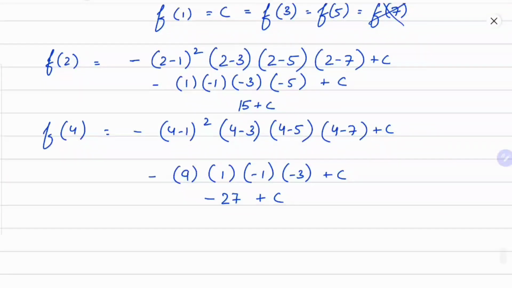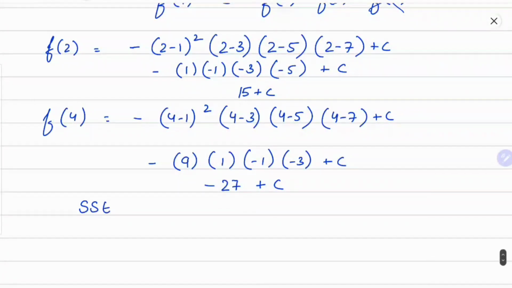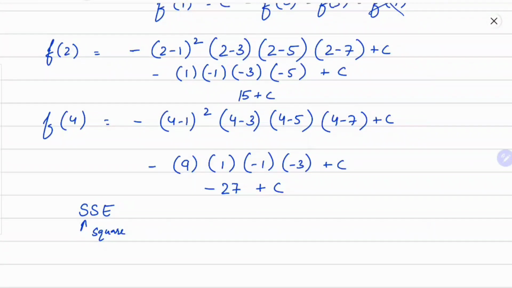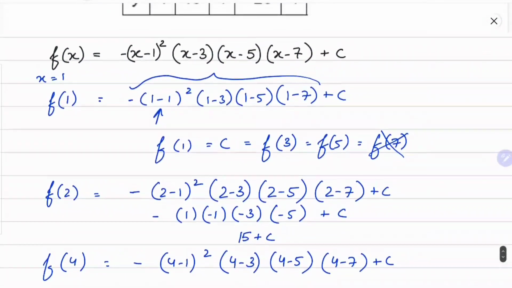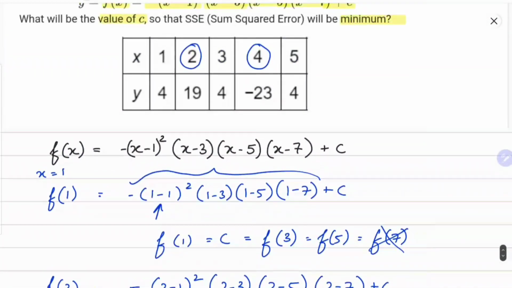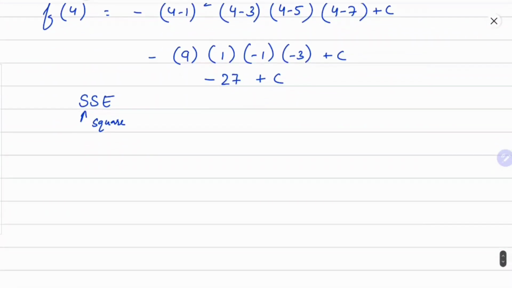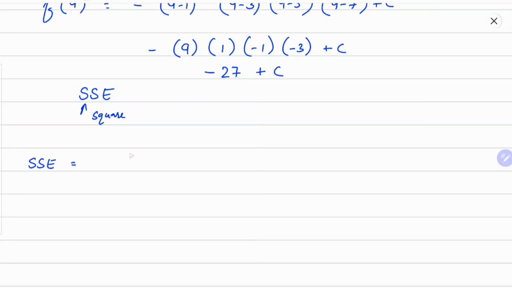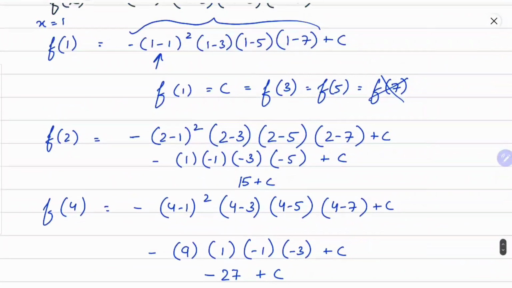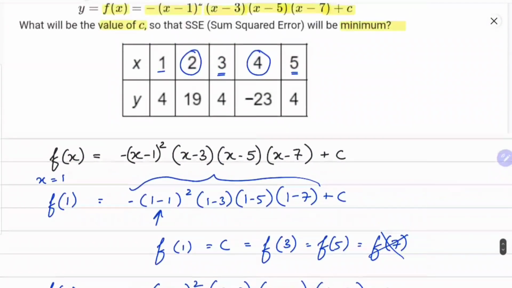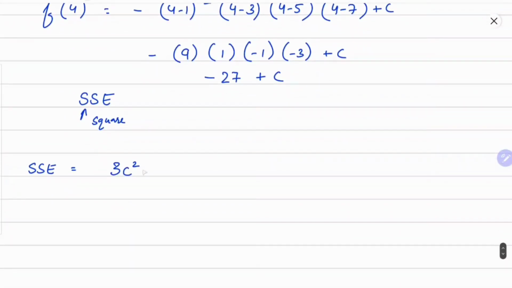Okay, so now we have to find the SSE. Basically we have to square the errors and then add them. We know that for 3 of the terms, that is 1, 3 and 5, we have c as the error. So the SSE is going to be 3c^2, and since we are calculating the error, it would be minus 4 and minus 4, that is 3(c-4)^2.